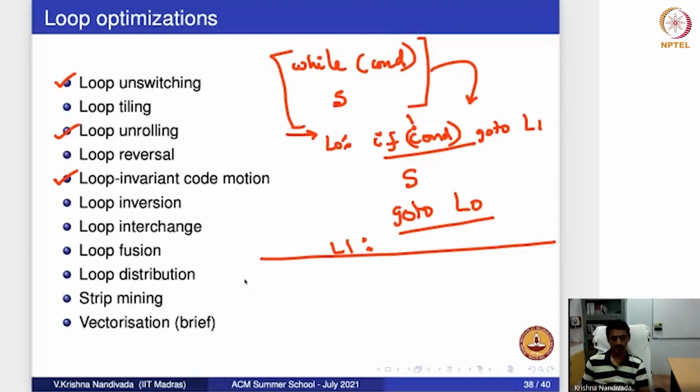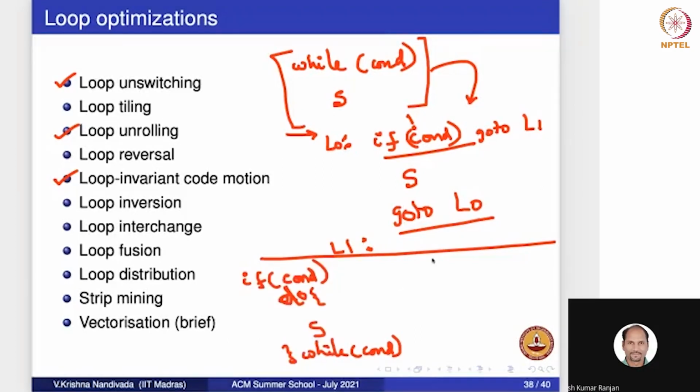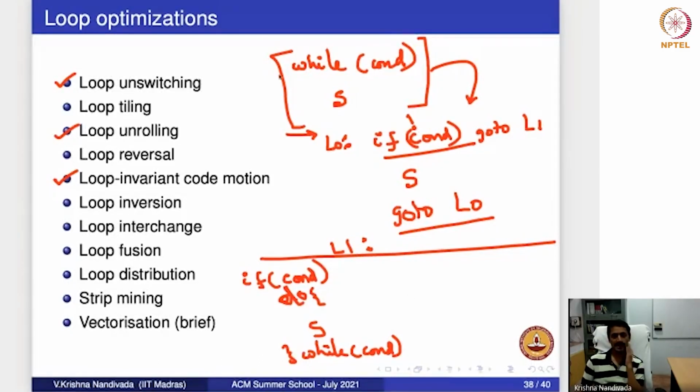So what I will do is the following: if condition, do S while condition. Is it visible? Yeah, now it has come. Okay, so now what did I do? I replaced this while loop with this code, if and do while. Do you see that they are equivalent?